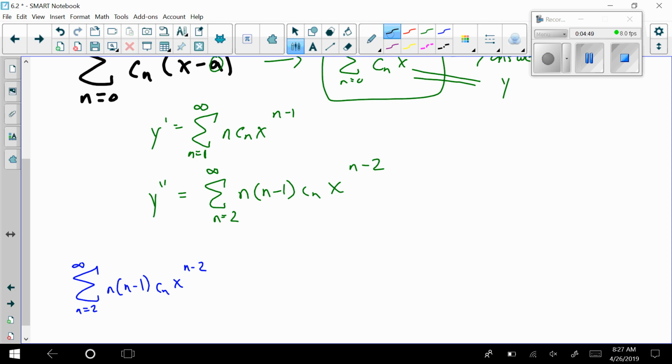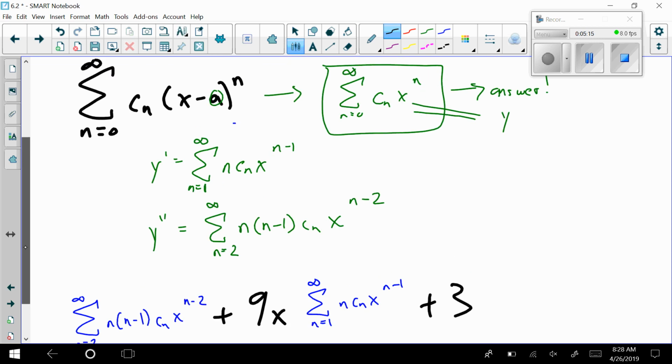Then I had a plus 9x, and then we had y prime, n equals 1 to infinity of n c sub n x to the n minus 1. And then it was a plus 3 with x, I believe.